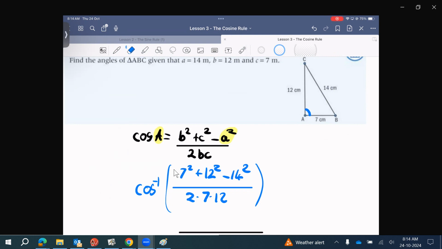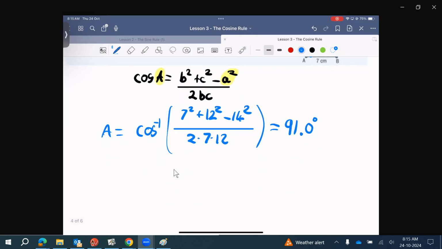See what you get. So put up your own formula now for the cosine of b.